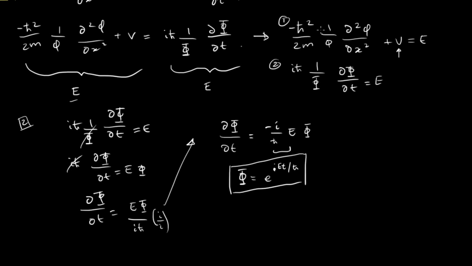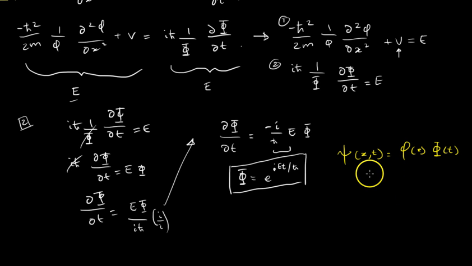Now this is very neat because if you remember, we started off with this psi of x and t, and we separated it into phi of x and capital Phi of t, correct? And now we just solved for this capital part, which is the time part. So what do we get for it?